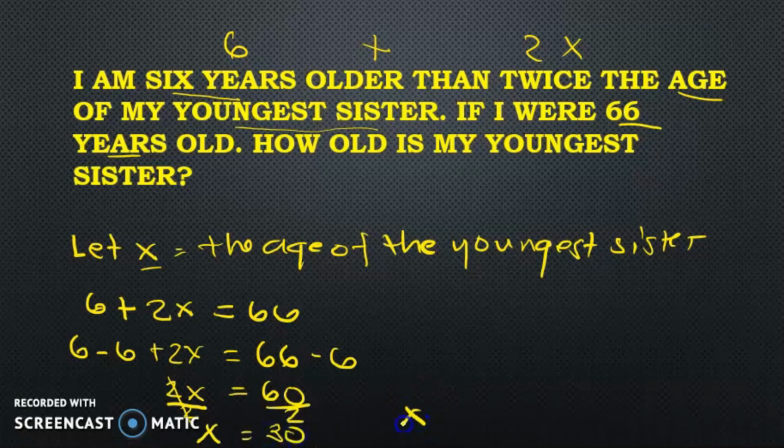So x is equals to 30. So dalawang ginamit natin dito. Una is yung subtraction property of equality and the second one is division property of equality. So therefore, her youngest sister is 30 years old. Right?